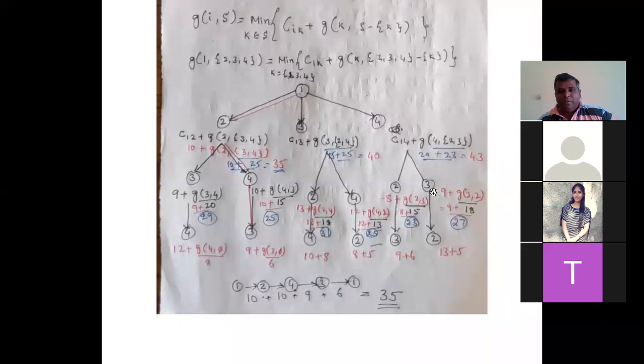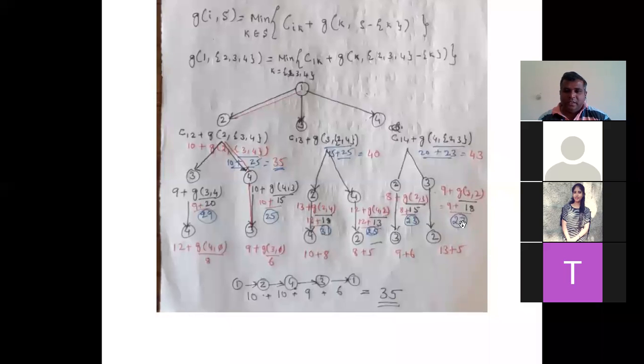So C 4 3 is 9 plus G of 3 comma 2. So what is G of 3 comma 2? C 3 2 plus G of 2 comma null. So 2 to null is what? 5. 5 plus 13 we will get 18. 18 plus 9, 27.